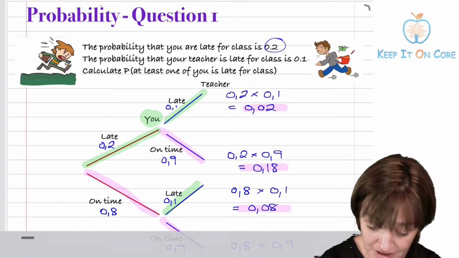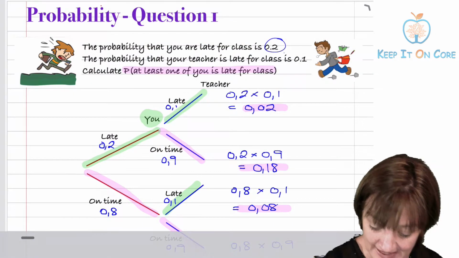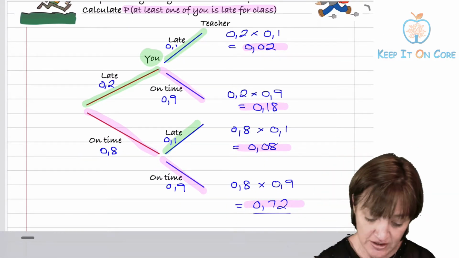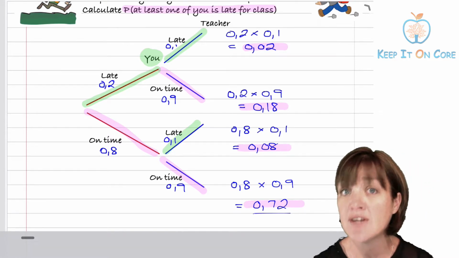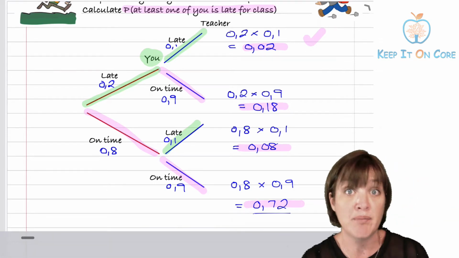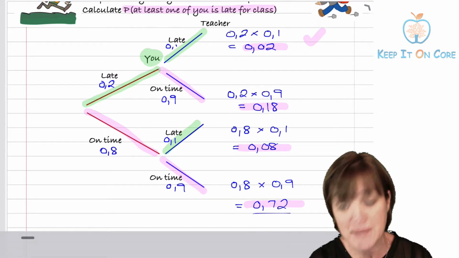Now, the question that's being asked is, what is the probability that at least one of you is late for class? Well, let's look at the first scenario. 0.2 chance of you being late and 0.1 chance of your teacher being late. Yes, in that case, both of you were late for class, so that would fit within the description of that probability.